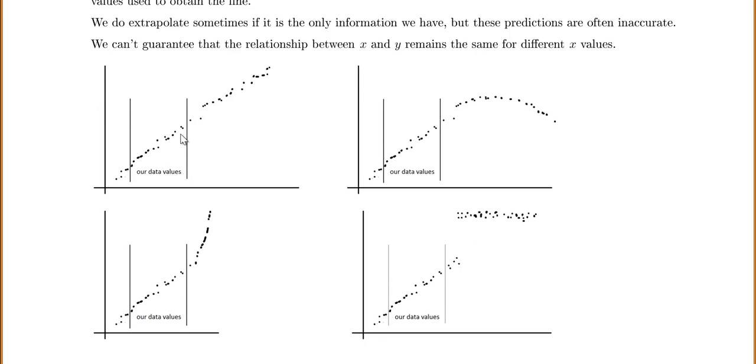So let's look at these examples and see what I mean. On each one, it's the same data set to start with for our data values. So we had a specific range of x values that our data was in. And for my first example, if I draw in the line based on the data inside our data values, it does, in this example, appear to fit values way up here, and so this prediction might be accurate.